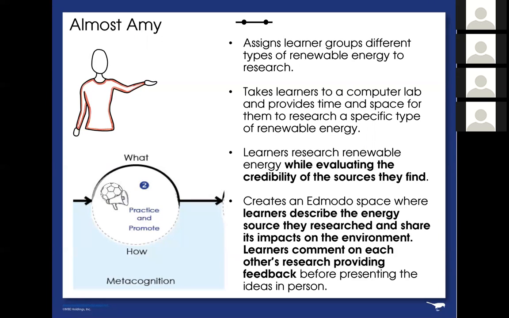Because in that part where it says learners research renewable energy while evaluating the credibility of the sources they find, maybe they were doing analysis, but the learners don't know that they were doing analysis. And that's a big difference between just analyzing and being metacognitively aware of the fact that, oh, I am pausing to intentionally evaluate the sources, and my intentional analysis of my sources is helping me achieve this better response.